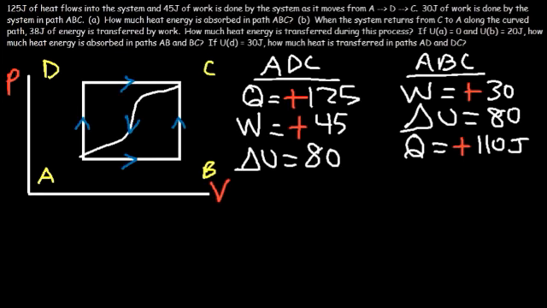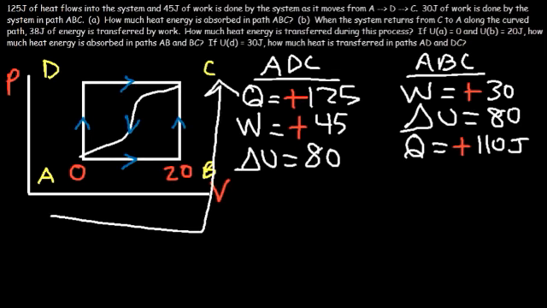Now, what about the next part? If UA is equal to 0 and UB is equal to 20, how much heat energy is absorbed in paths AB and BC? Well, first, let's find the internal energy at point C. As we mentioned before, going from A to B to C, the change in the internal energy is 80.